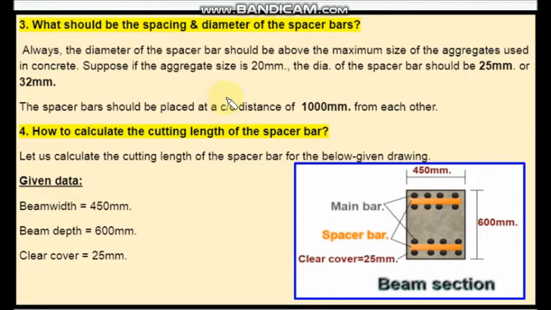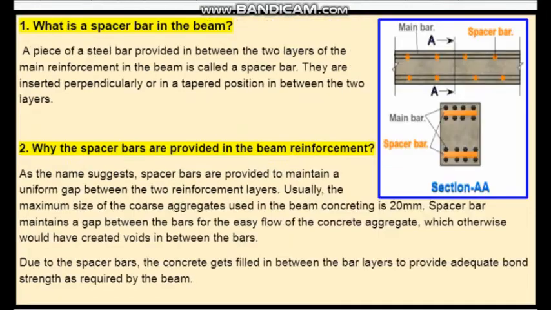If you use 25 mm aggregate, then you should use a 32 mm spacer bar. Again, the spacer bars should be placed at 1 meter center to center from each other. This distance should be 1 meter.